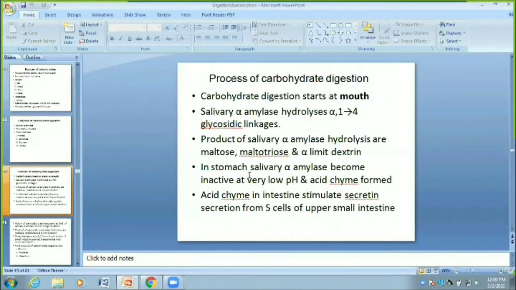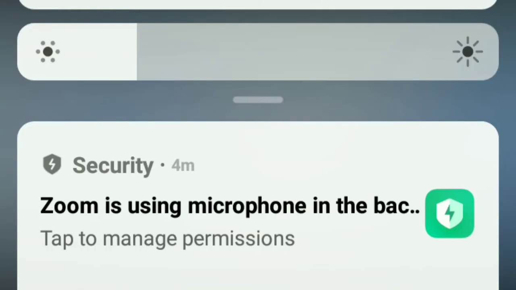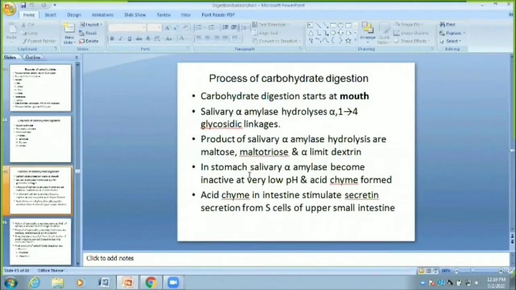Then come to the process of carbohydrate digestion. Carbohydrate digestion starts at the mouth. Though the period is very brief, the enzyme responsible is salivary alpha amylase. It hydrolyzes alpha 1,4 glycosidic linkages. Glycosidic bonds are of two types.